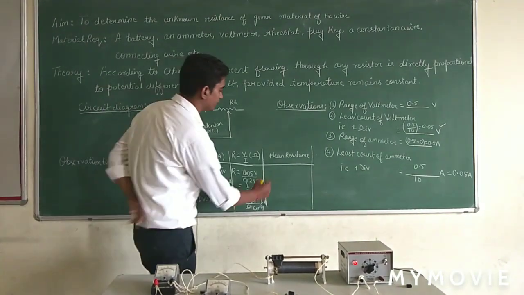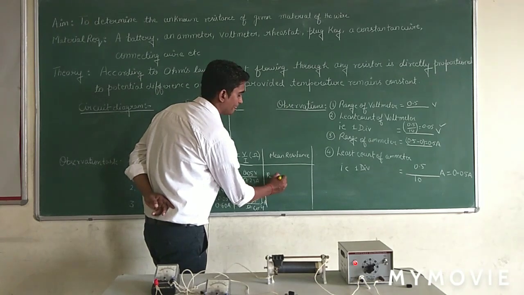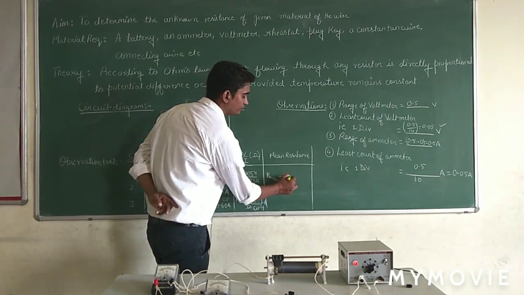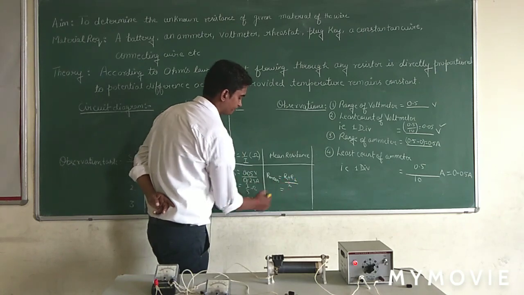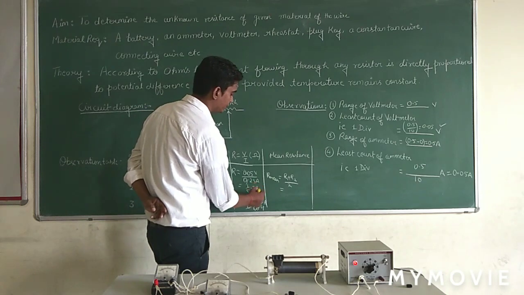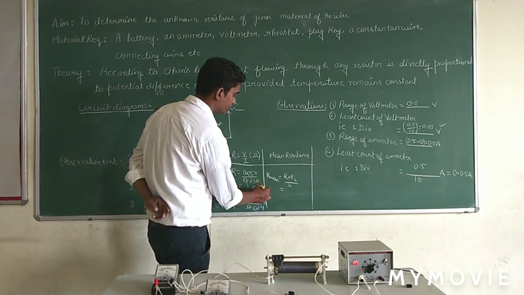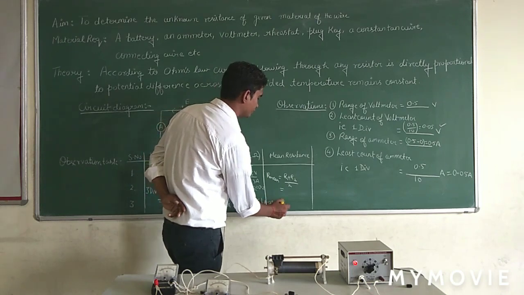Now what is the mean value? The mean resistance is, I have taken 2 readings, R1 plus R2, divided by 2. Can I take these quantities in decimals? In decimal it is 0.2 and 0.25.